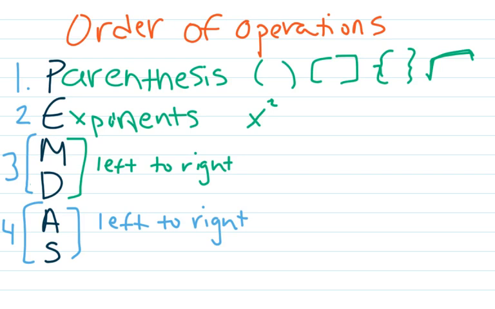So we'll go over some examples to kind of go along with that, but I do want to fill in the rest of this, so let's see if I can fit in multiplication here, and division, and addition, and subtraction.